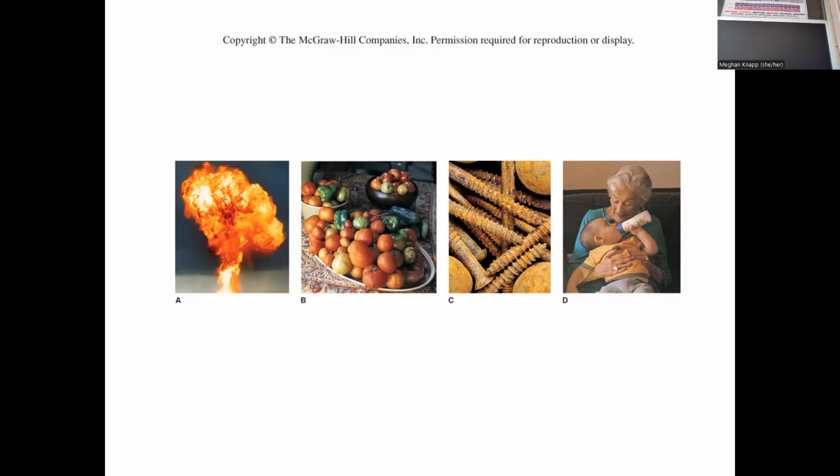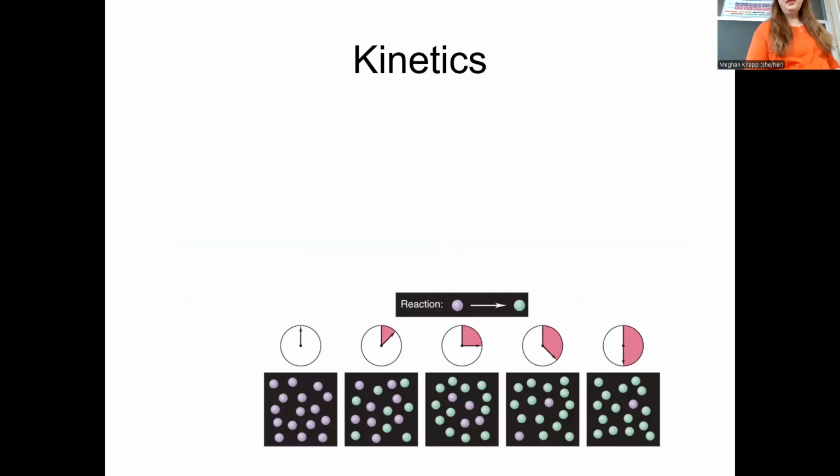All right, so what we're looking at is how can we measure how fast these reactions are going? So what typically will happen in a chemical reaction is we'll start off with all reactants. And so we have the lighter colored kind of pinkish molecules at time 0. That's our reactant.